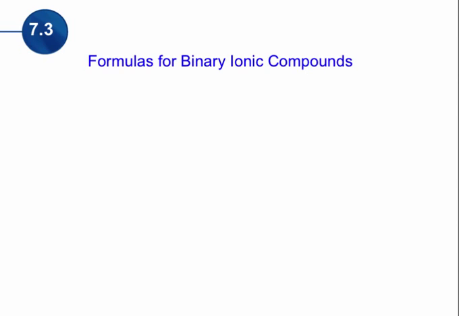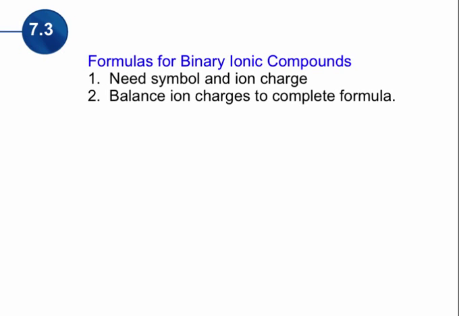What we always need to write the formula is the symbol and the ion charge, and that can come from the periodic table. Once we have the symbol and the charge, then it's just some simple math to balance the charges to make sure that we have equal numbers of positives and negatives, and we can complete the formula.